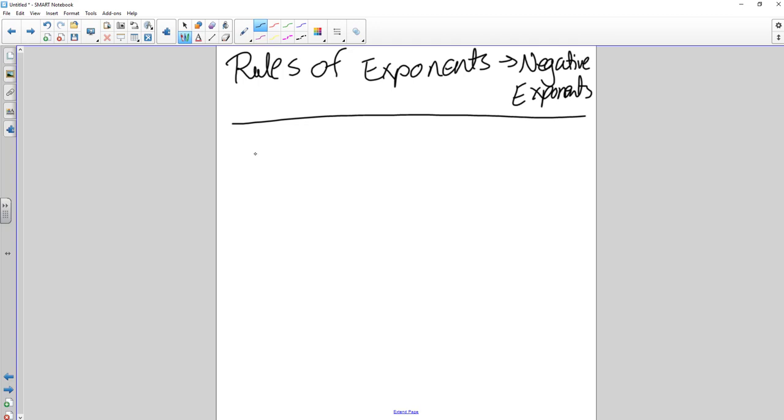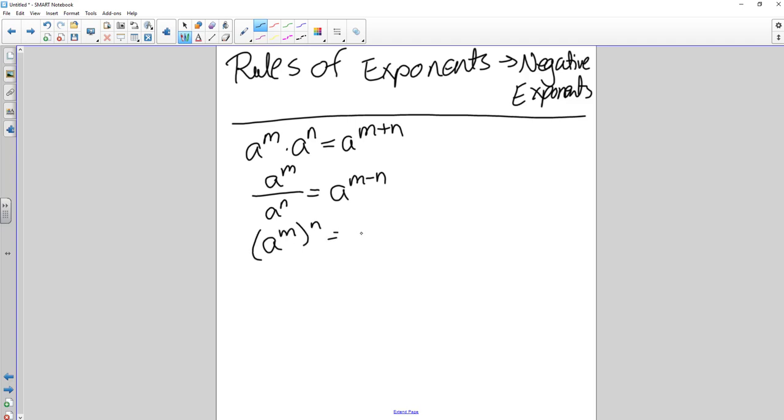The rules of exponents are that a to the mth times a to the nth is a to the m plus n, and then a to the mth divided by a to the nth is a to the m minus n, and then the power rule, a to the mth to the nth is a to the m times n. So let's do an example of each when we have negative exponents.